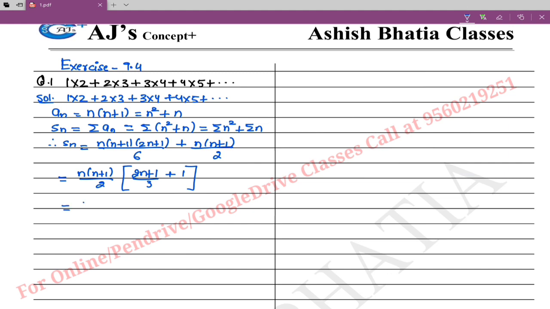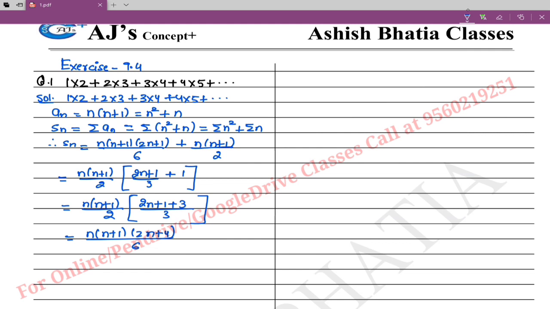which will be equal to n into n plus 1 by 2, and we can take the LCM as 3, so it would be 2n plus 1 plus 3, so it would be n into n plus 1 into 2n plus 4 whole divided by 6.